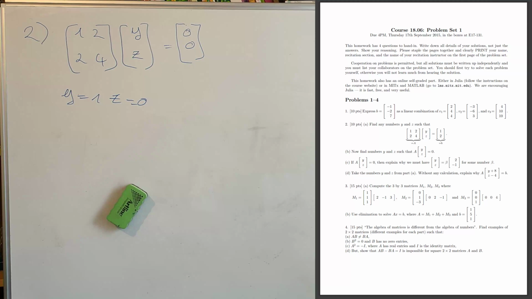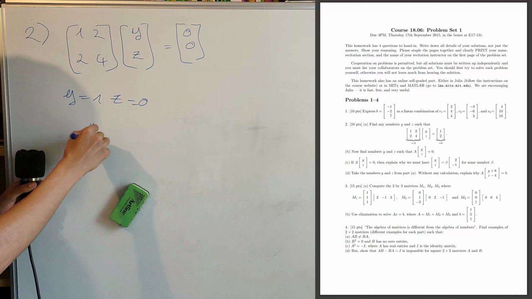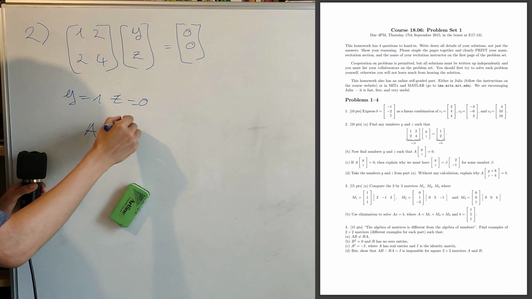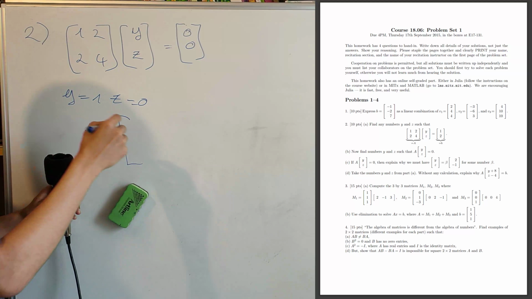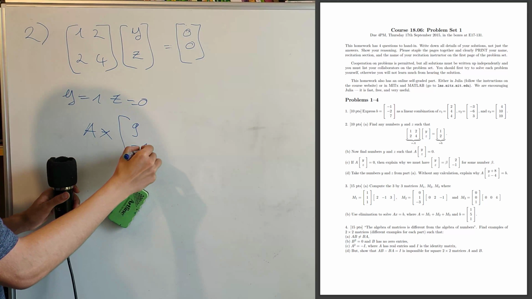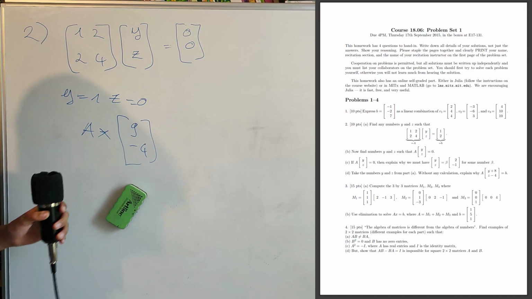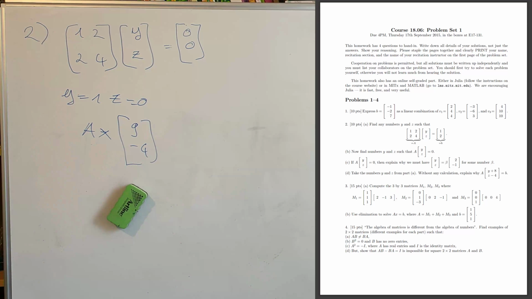So y is 1 and z is 0. So A times the matrix is 1 plus 8 and minus 4. So 9, minus 4. Let's see. Equals B. Why is it equal to B?